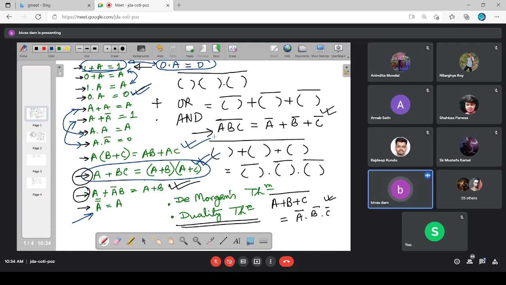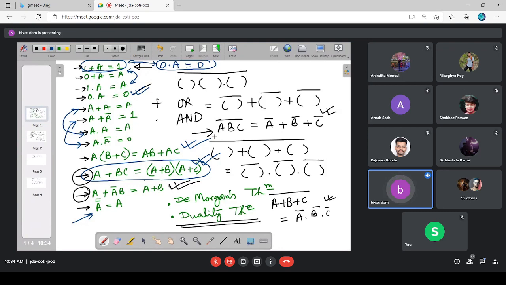So truly speaking, given any Boolean equation, I can readily find its dual. It may so happen that proving the validity of that Boolean equation is pretty simple, but proving the validity of its dual may not be that simple using Boolean algebra.